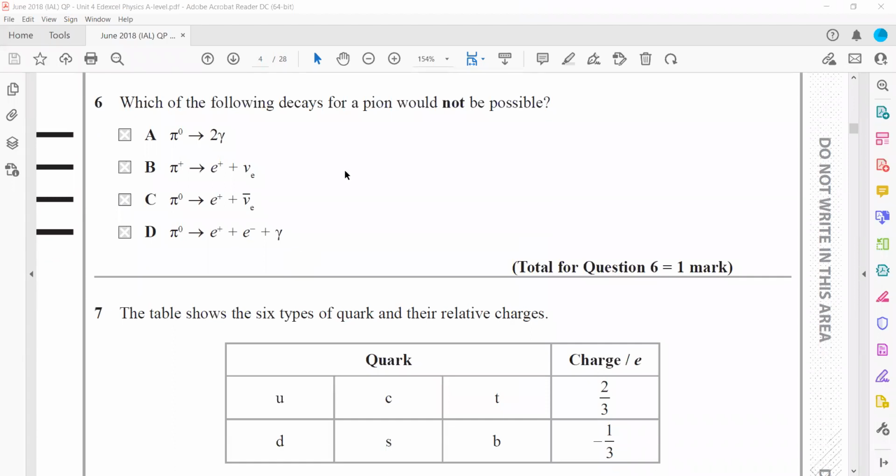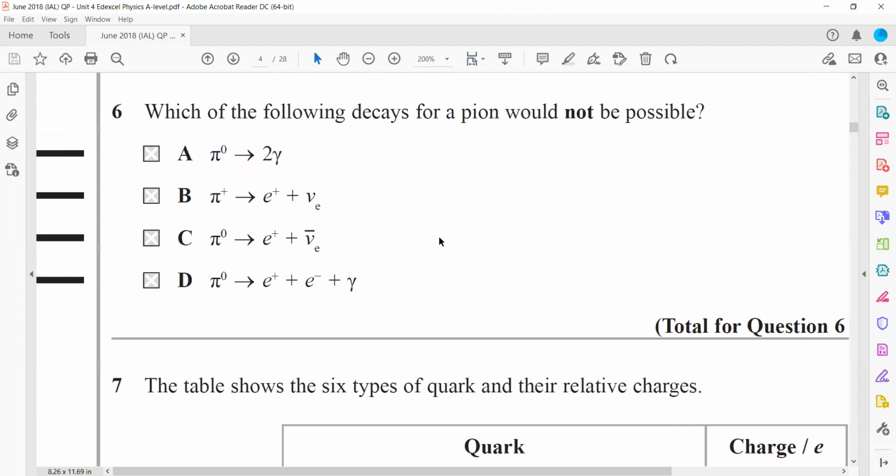In question 6, which of the following decays for a pion would not be possible? First thing, whenever you check, you always check the conservation of charge. So here neutral, neutral, so this is possible. Here neutral, positive, positive, so this is possible.